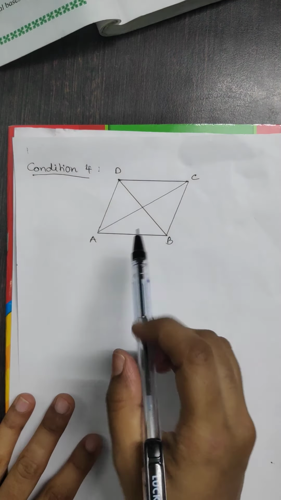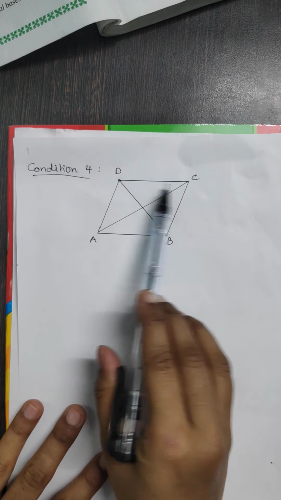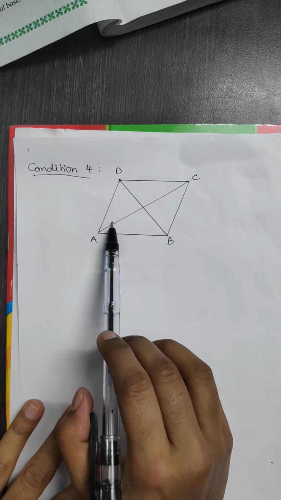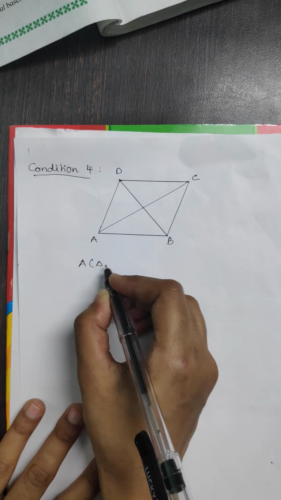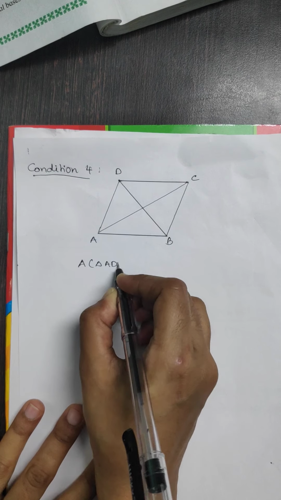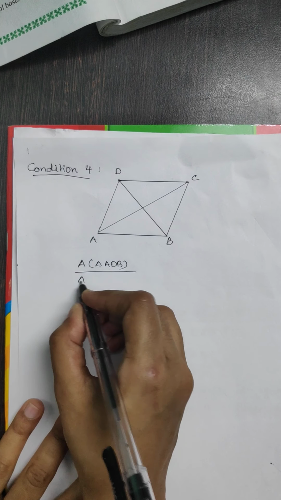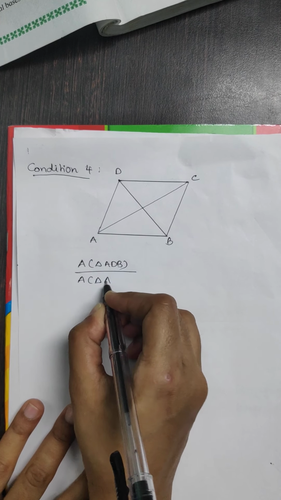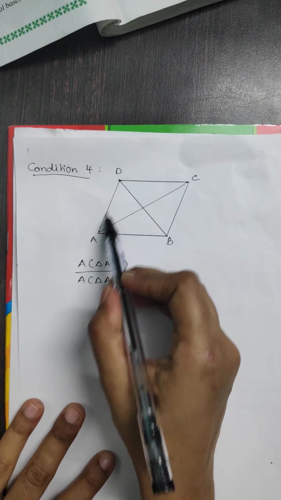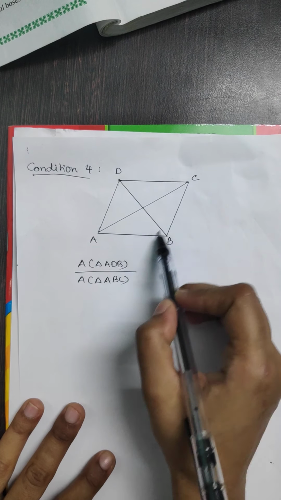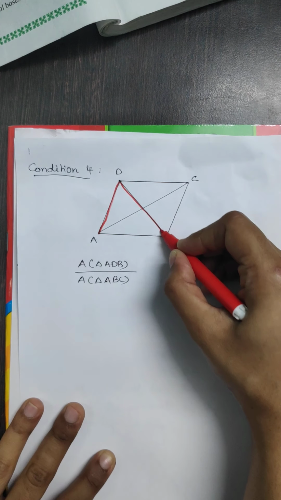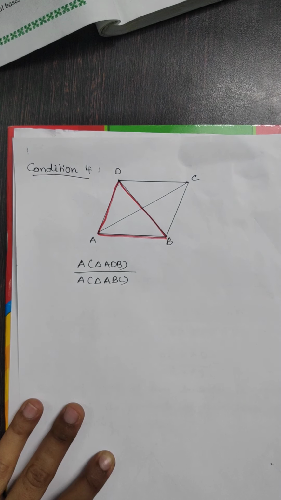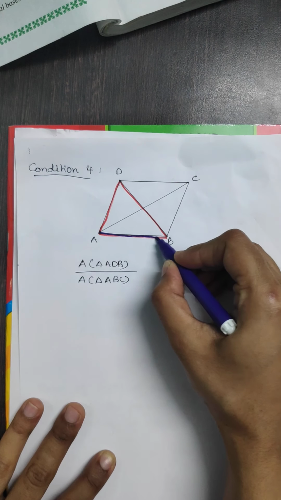Now let us see the last condition. Children, you can see a parallelogram, right? In this parallelogram there are so many triangles, but I want to find the ratio of two triangles: triangle ADB, which I will mark with a colored pen, and the second triangle I am talking about is triangle ABC.